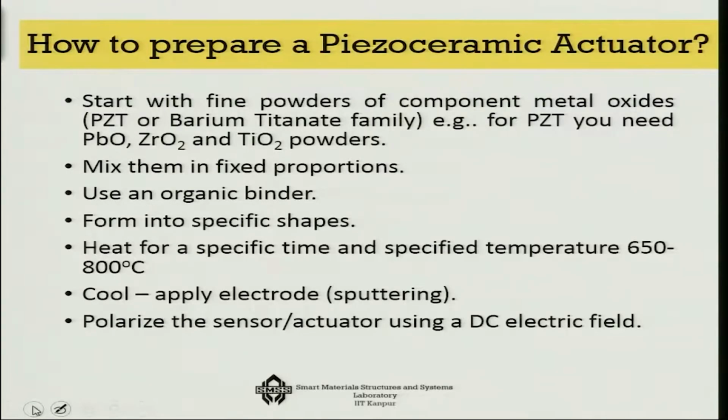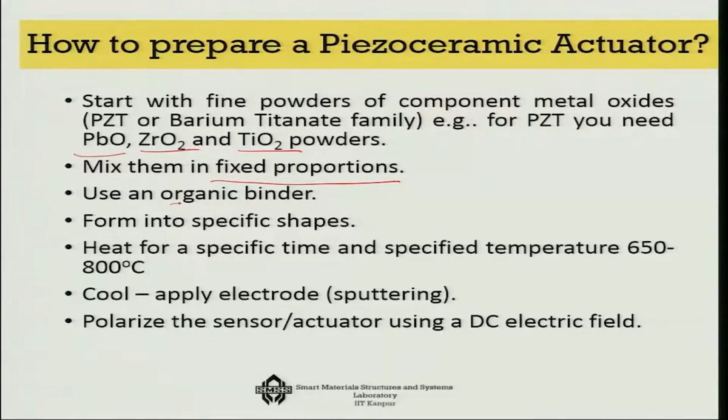Now how do we prepare a piezoceramic actuator? Very simple. We first start with a fine powder of its component metal oxides, because you have to go to a ternary, like three-element system, ABO3. So for example, for lead zirconate titanate, you start with lead oxide, zirconium oxide and titanium dioxide powders. Mix them in fixed proportions.